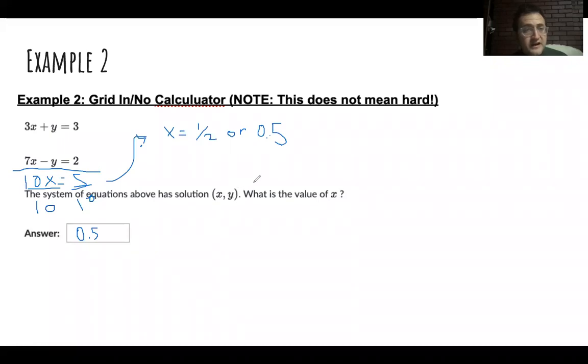If I want to find y, I could do 3x plus y equals 3. And I could have 3 times 0.5 plus y equals 3. So that's 1.5 plus y.